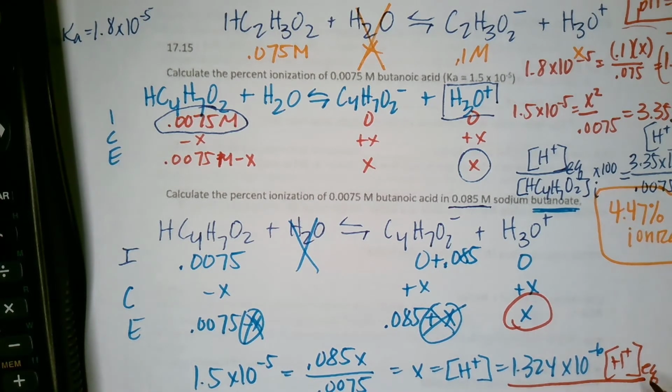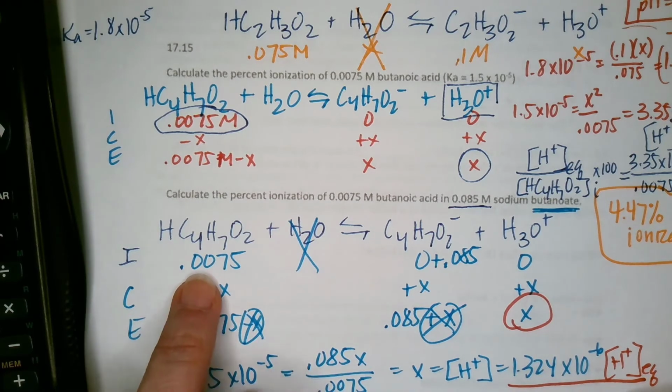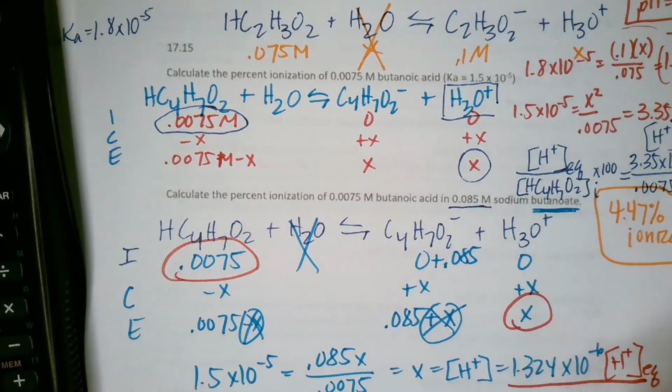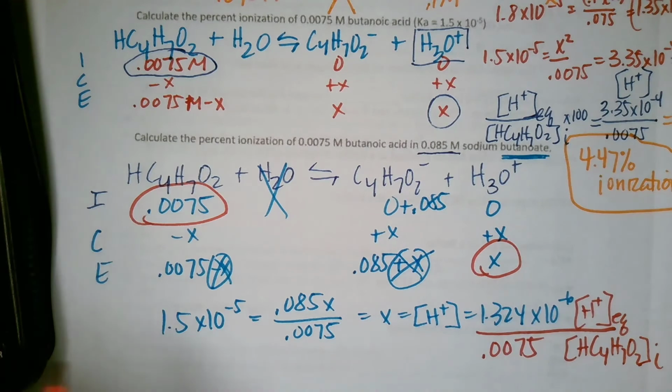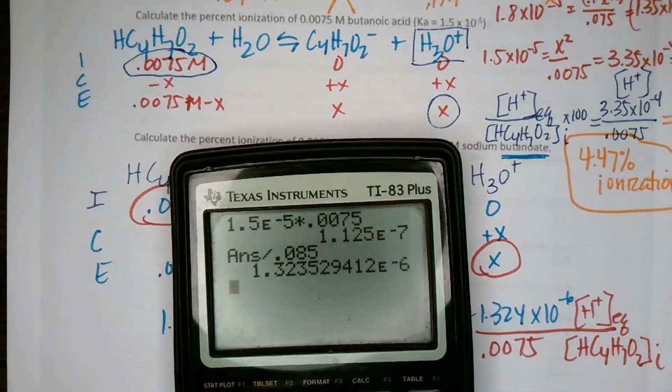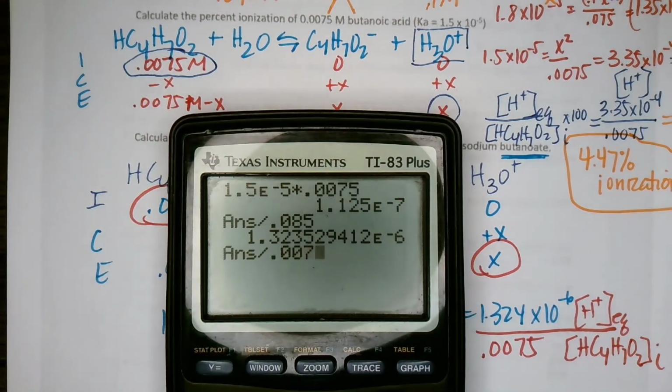So this is H plus at equilibrium. We're going to divide it by my initial acid, 0.0075, which is my HC4H7O2 initial, and times that by 100.